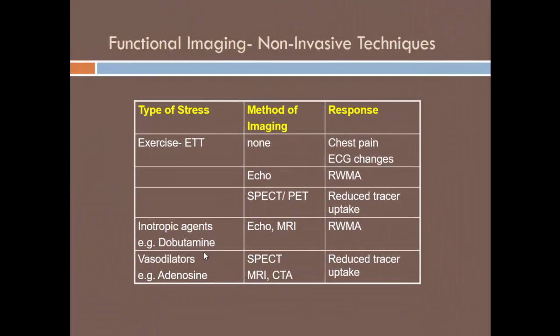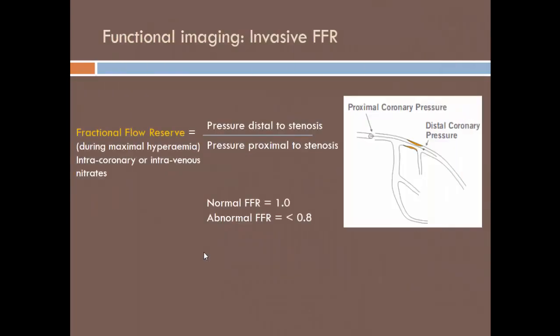There are various non-invasive techniques we have to assess ischemia, and Andrew went through them early in the morning, so I will skip this. Invasively, we now have this tool called invasive FFR. For those of you who are not cardiologists, FFR is fractional flow reserve.